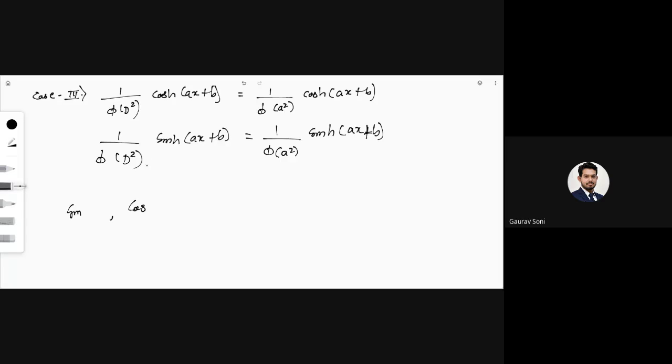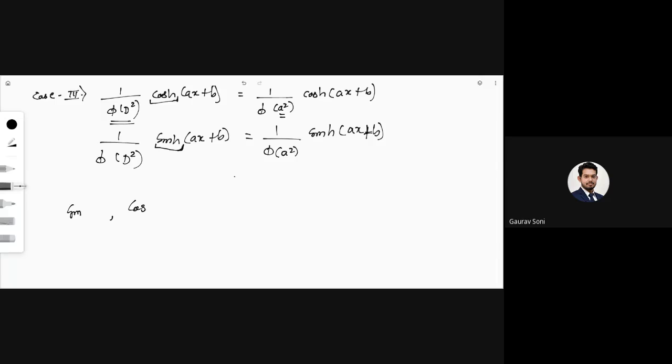Okay, मतलब if you go into the basics, those are defined using circle. These are hyperbolic sin and cos. So sin h is sin hyperbolic, cos h is cos hyperbolic, and when you apply 1 upon phi of d square on cos h, the d square is simply replaced by a square.